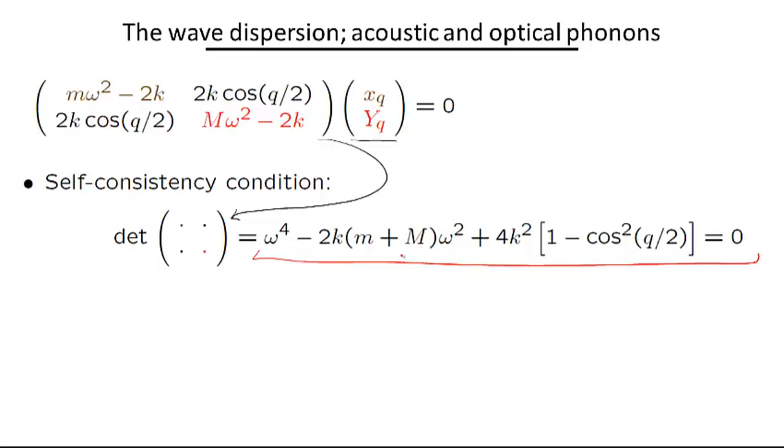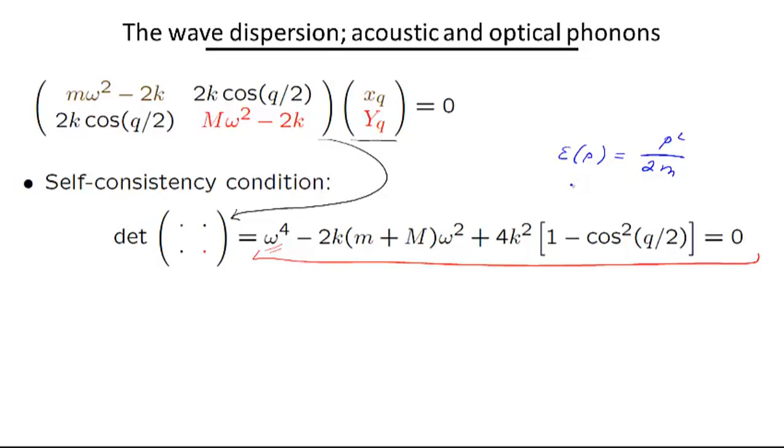And what is this equation for? This is again an equation for the frequency, or more precisely for the dependence of the frequency on the wave vector, which is known as a dispersion relation. We have seen many dispersion relations already in this course in the context of quantum physics and also classical physics. For instance, when we talk about the energy of a free particle being proportional to p squared, this is essentially the dispersion relation of an electron or any other free particle.